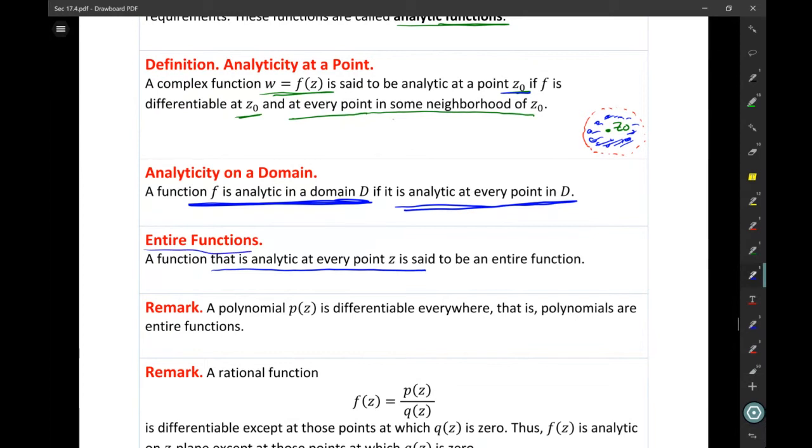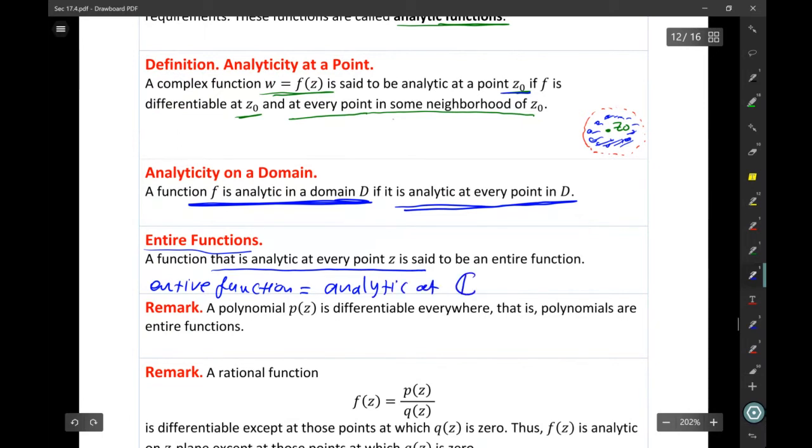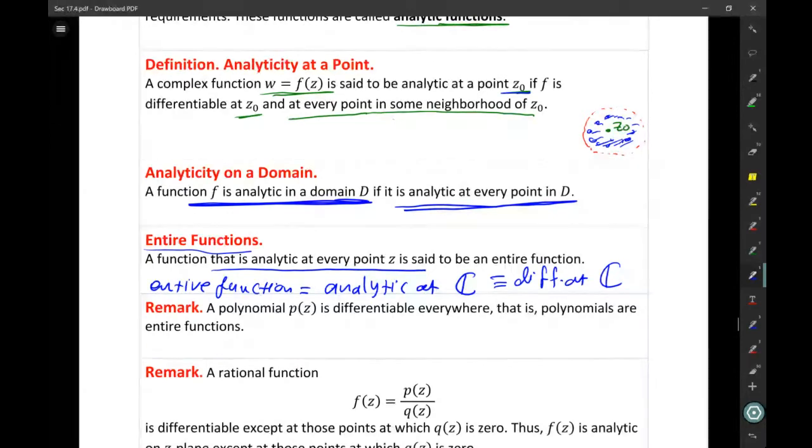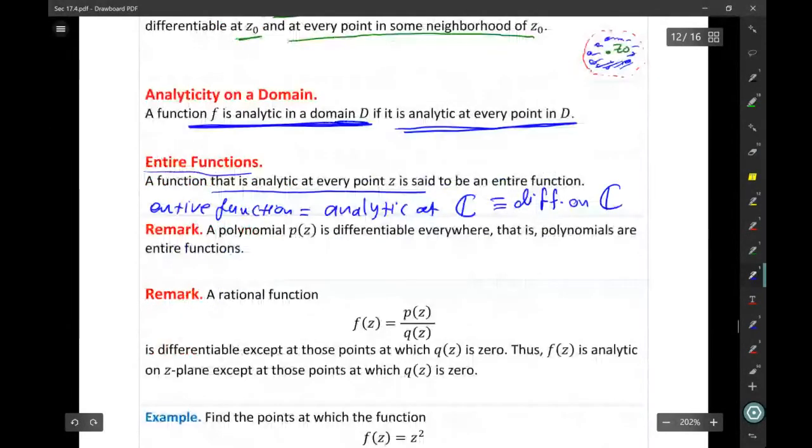I mean an entire function here means analytic on the whole complex numbers, which is equivalent to differentiable on the whole complex numbers, in the set of all complex numbers.